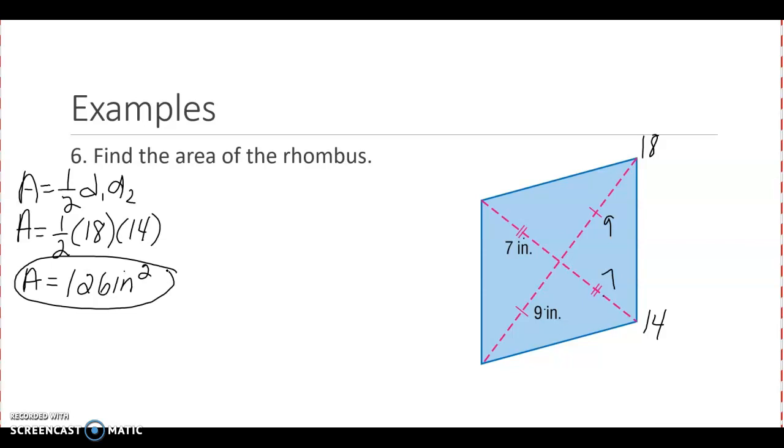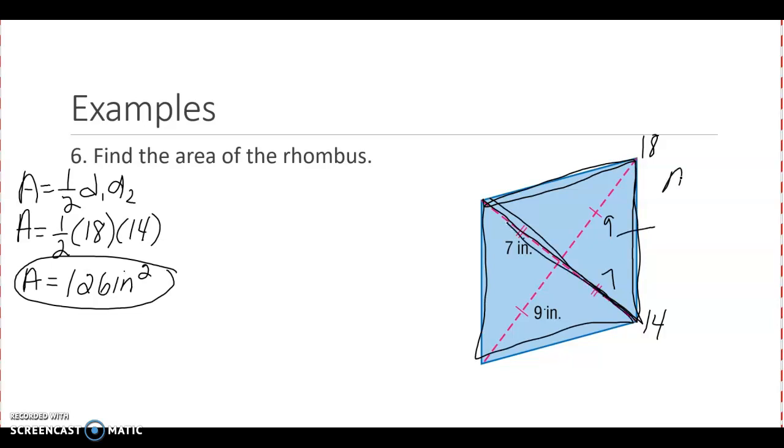You could have also split this up into triangles. For example, maybe I took this triangle and added the area to this triangle. This triangle's area would be 1/2, the entire base would be 14, height would be 9, to get an area of 63.